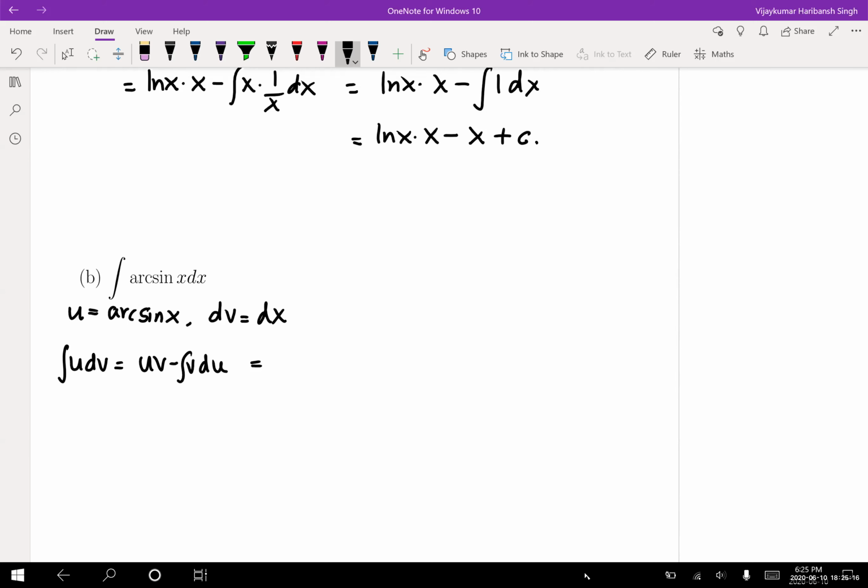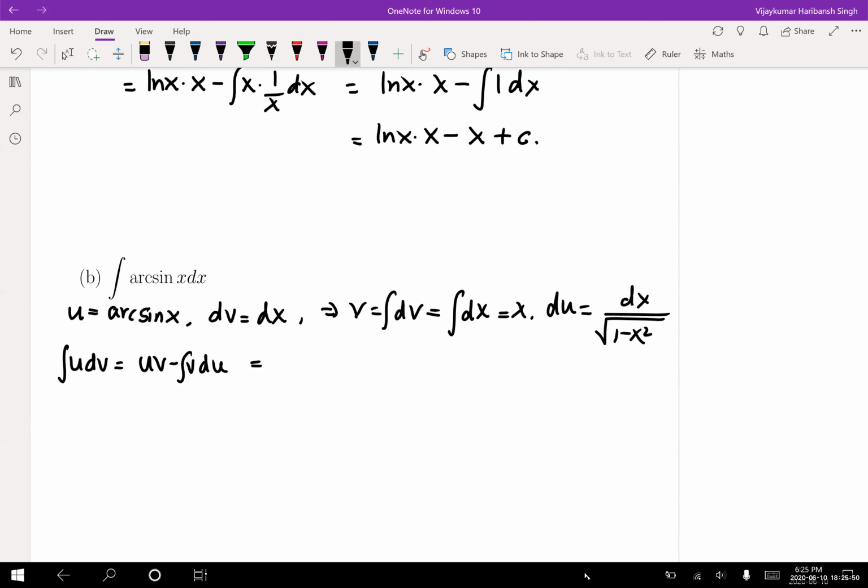We have u and dv, so let's find v and du. v is the integration of dv, which is the integration of dx, which is x. And your du is 1 upon the square root of 1 minus x squared times dx.